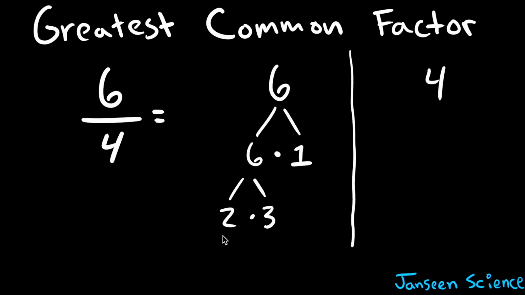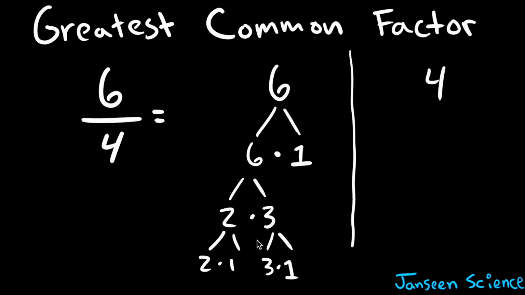Now, what can give us 2? 2 times 1 gives us 2. And then same for 3. 3 times 1 equals 3. Now, we're going to stop there because 2 and 3 are called prime numbers, and I'll make a separate video about that.